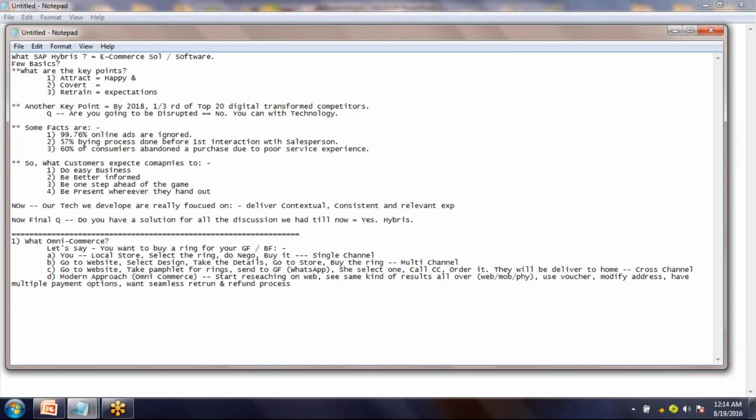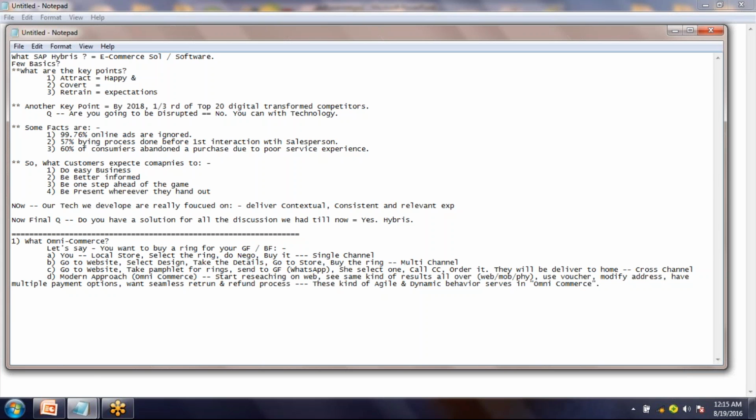That means if something happens, a seamless refund process should be there. This kind of agile and dynamic behavior is served in omni-commerce or in the modern approach.